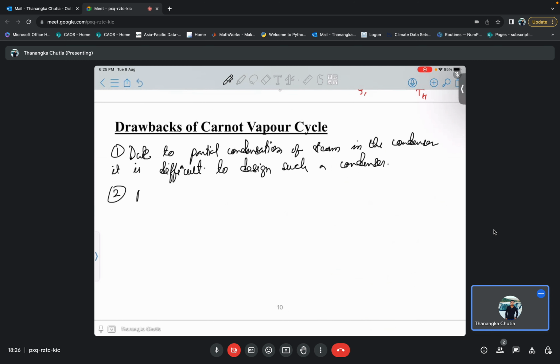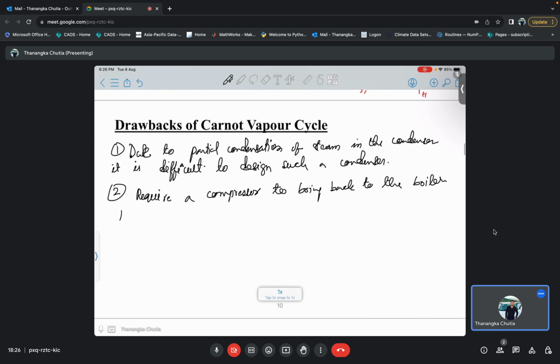You will require a compressor to bring it back to the boiler pressure, which means it requires very high power consumption.